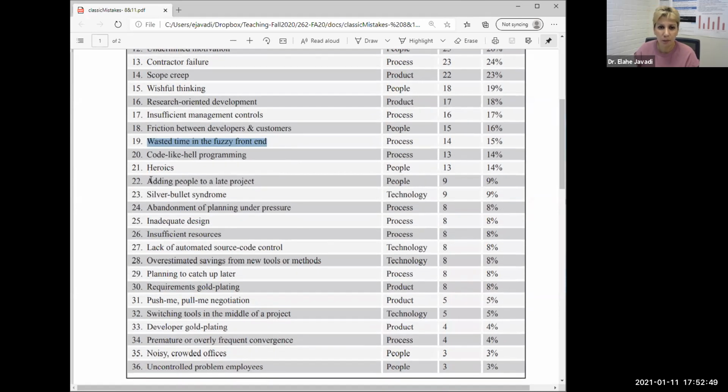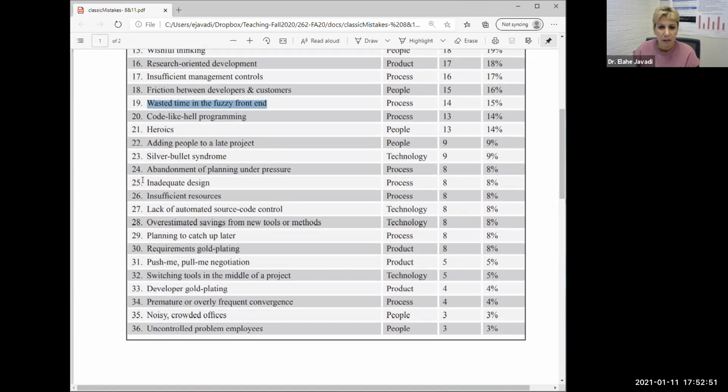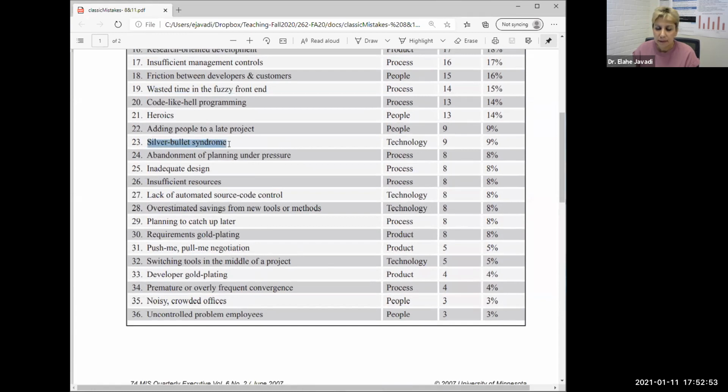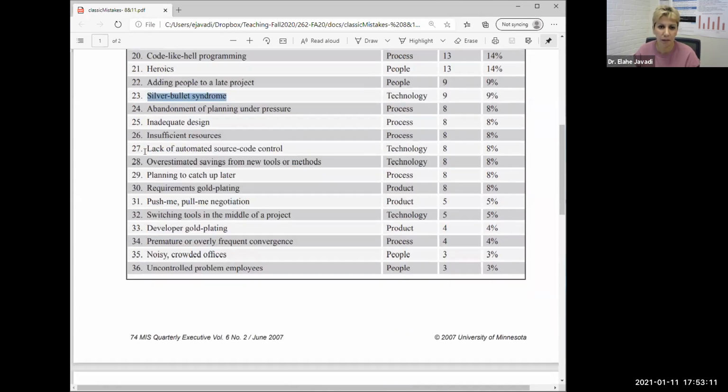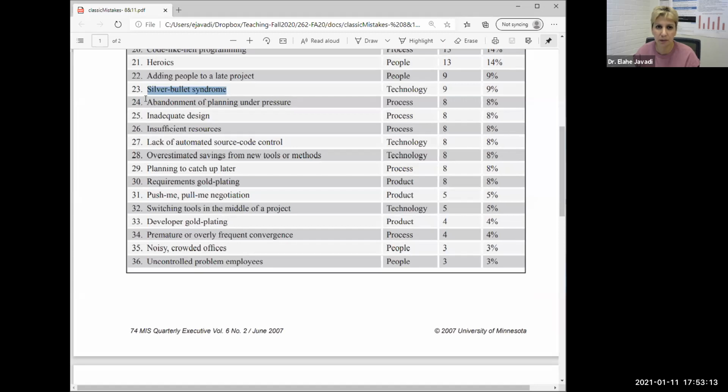Code like hell programming, silver bullet syndrome. Sometimes your managers hear about a technology at a conference and come back and ask you to give them a tool with that technology, thinking that single technology will solve all the problems. This is some of the thinking that may come from upper management. You are responsible for protecting your team against that.